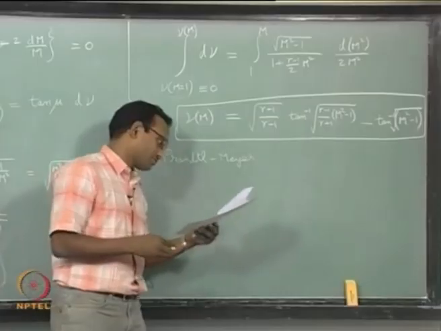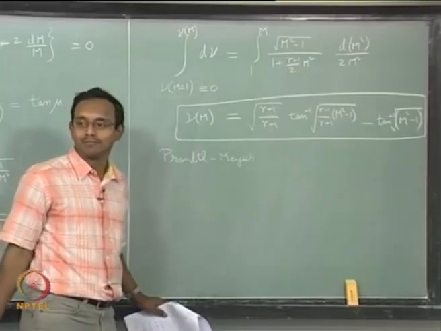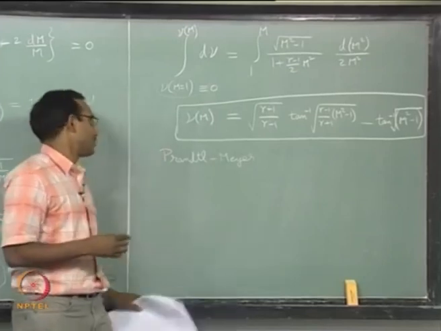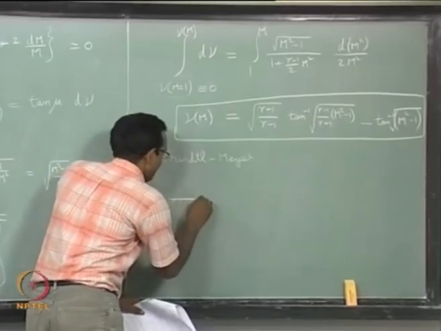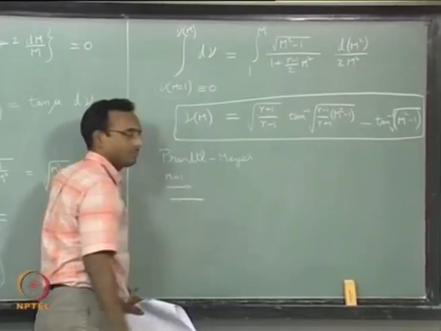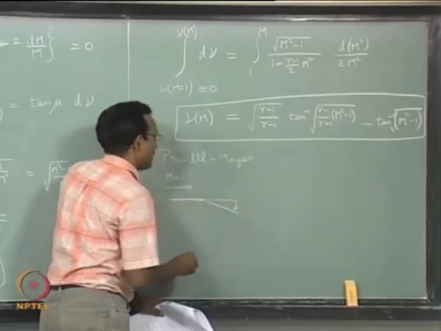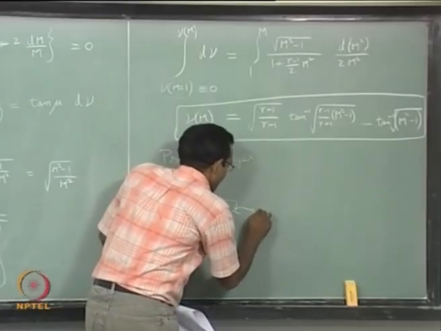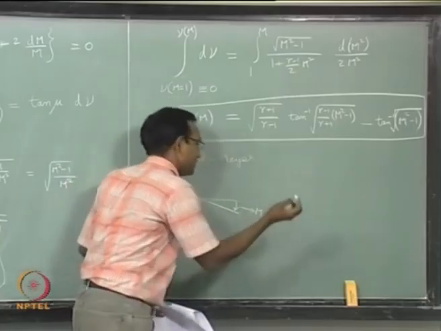Now how will I use this function to calculate anything in my flow? For that I have to get a practical feel for what this means. So let us consider one particular specific problem where I have flow parallel to a wall and it is M equal to 1 here, and it is bending by some angle, and its final Mach number happens to be M. Let us say this is M1 and I will call this M2, it is easier to understand.